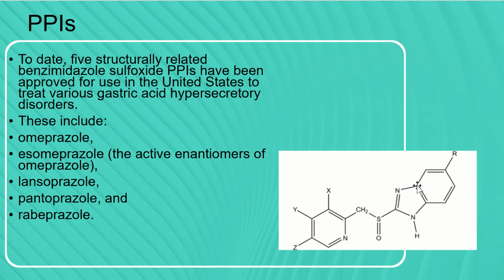So this is the generic structure of your PPIs, and as we see X, Y, and Z as well as R, those vary from compound to compound, but this is the general structure.